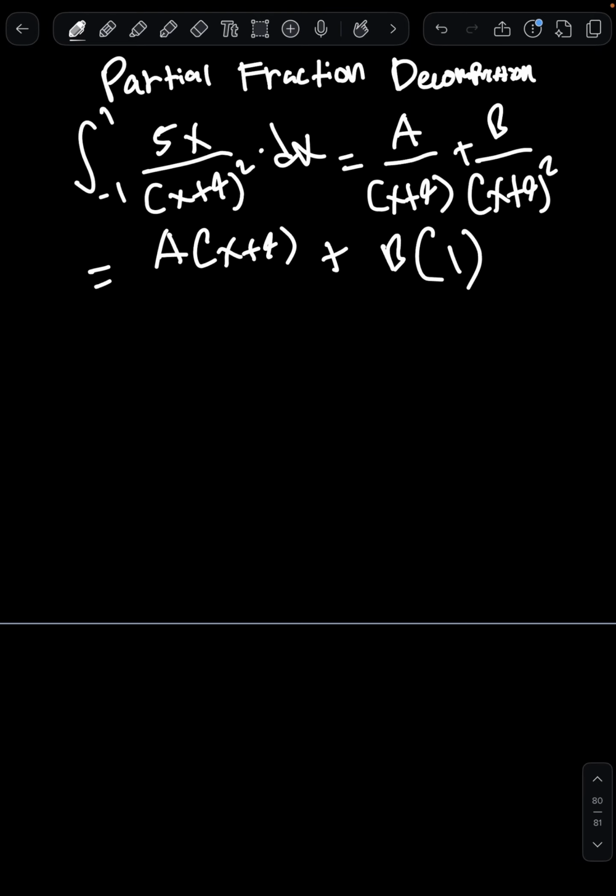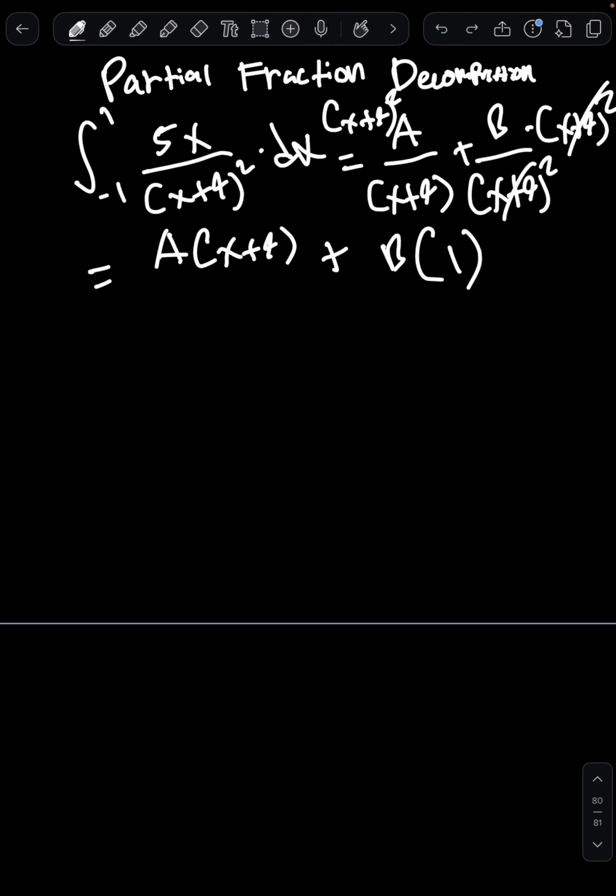So it's just like having a 1 here. Because if you multiply this top by (x plus 4) squared, both of these just cancel, and you're just left with b times 1, right? And it's the same thing with a. Only one of them will cancel because it's squared, so you're still left with an x plus 4 up here.